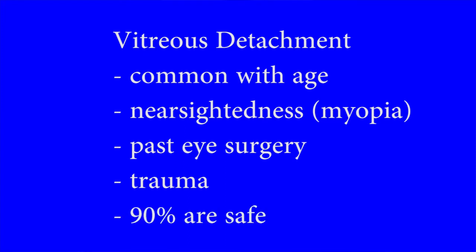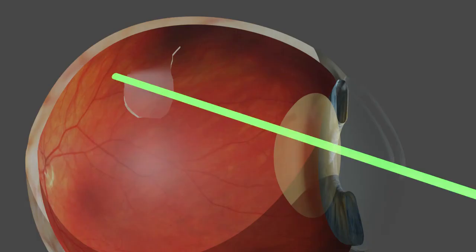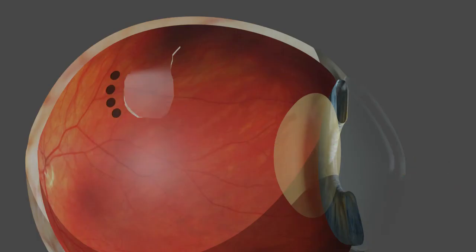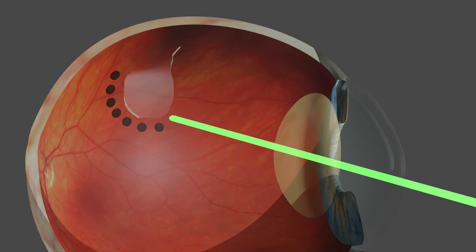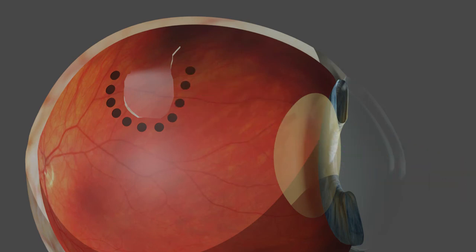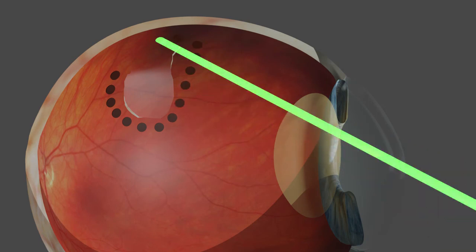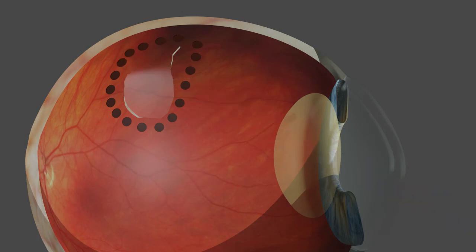The good news is that about 90% of vitreous detachments are harmless, though, as mentioned, about 10% result in retinal tears. If a retinal tear is found, it is usually treated with a laser that can spot weld around the tear to prevent the retina from detaching from the wall of the eye.